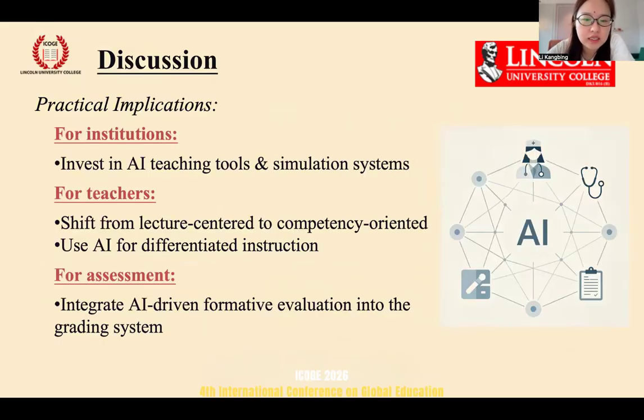So, what are the practical implications of this research? For educational institutions, I recommend investing in AI teaching tools and clinical simulation systems. These are no longer optional. They are becoming essential for quality medical education.